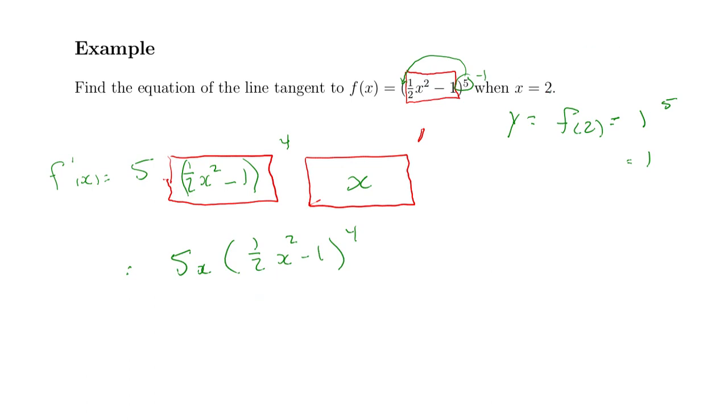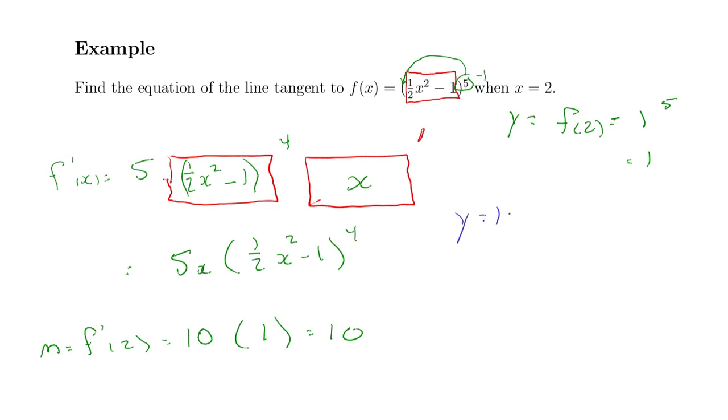All right, all this to say we want to figure out what our slope is. So we're going to say m is equal to f prime of 2, which is 10 times half times 4 is 2 minus 1, that's 1. So this is 10. So all this to say we've got y equals m times, maybe I'll do it like this.